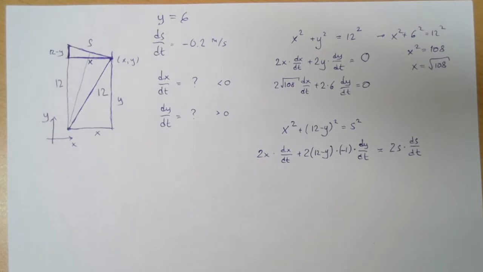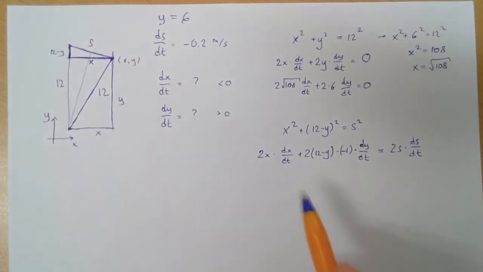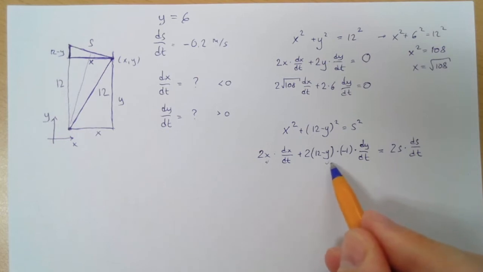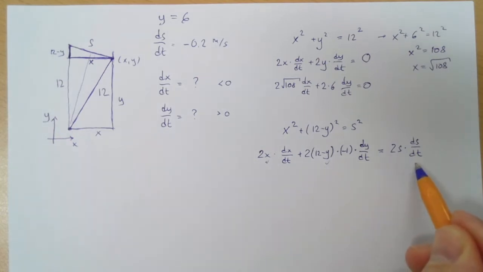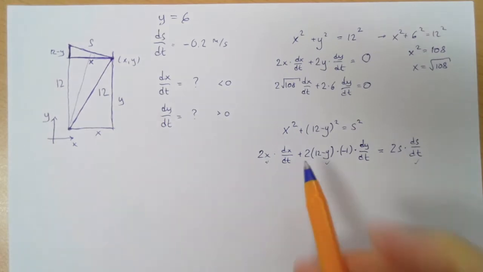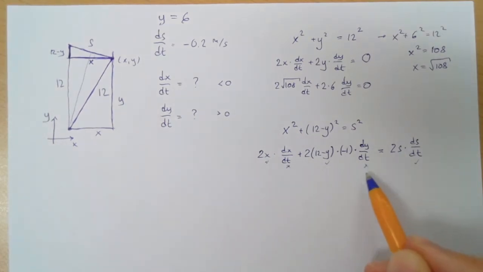Let's have a quick look at what I know here and what I don't know. I know x, I know y, I know ds/dt. So I don't know dx/dt, I don't know dy/dt, and I don't know s.